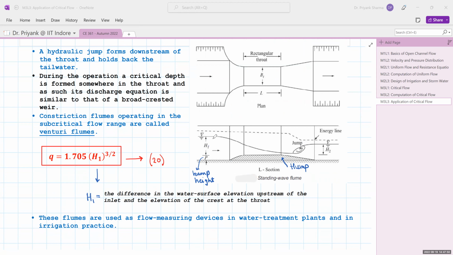Here H1 is the difference in water surface elevation upstream of the inlet, measured from the top or the crest of the throat. If a hump is provided, it is measured from its top.